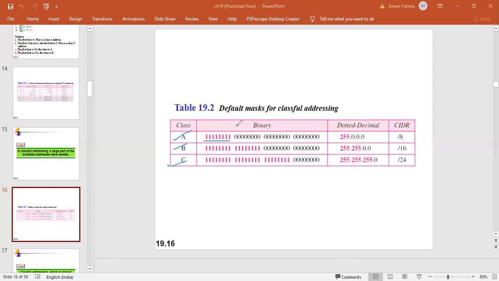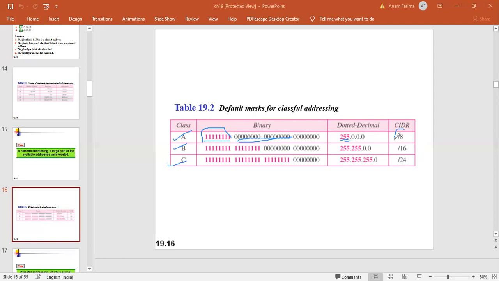When we are dividing your address into the net ID and host ID part, whatever bits you're using for representing the net ID part, we are going to represent by ones, and the bits used for representing the host within that network, we are going to represent by zeros. When we convert it to the dotted decimal notation, all 8 ones, when converted to decimal, will be 255, and this will be 0.0.0.